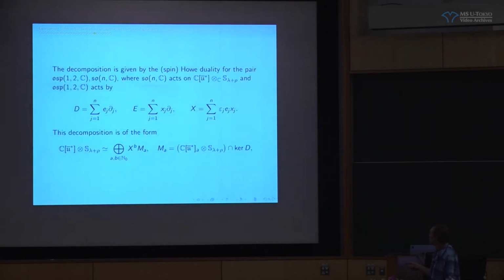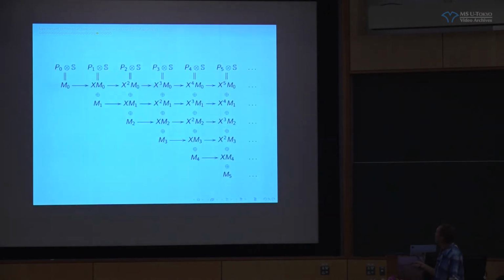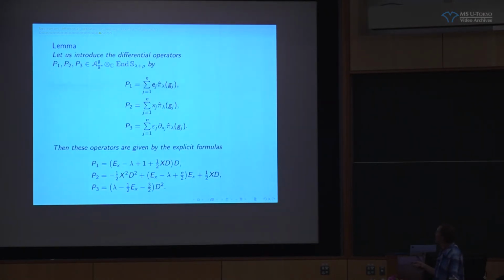Okay, so what will we need? I will return back to our space of interest. It is difficult to work directly with the n-tuple of operators which was mentioned a while ago, so it's better to take a linear combination of them.